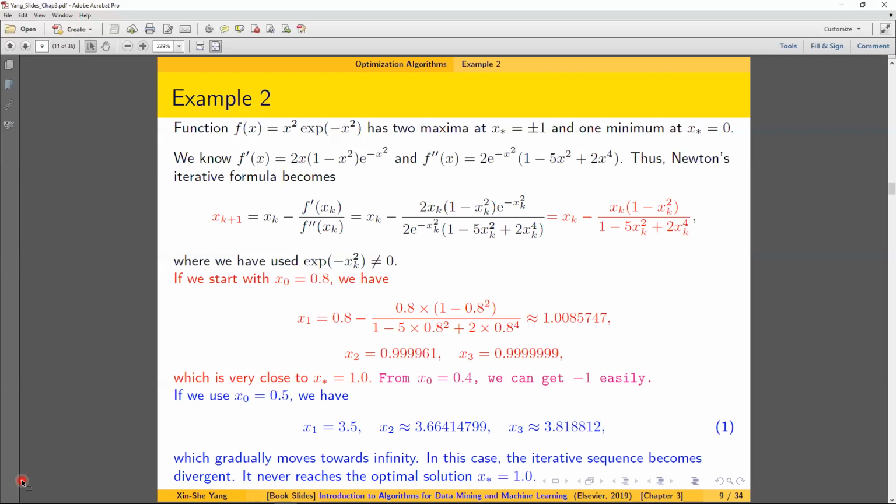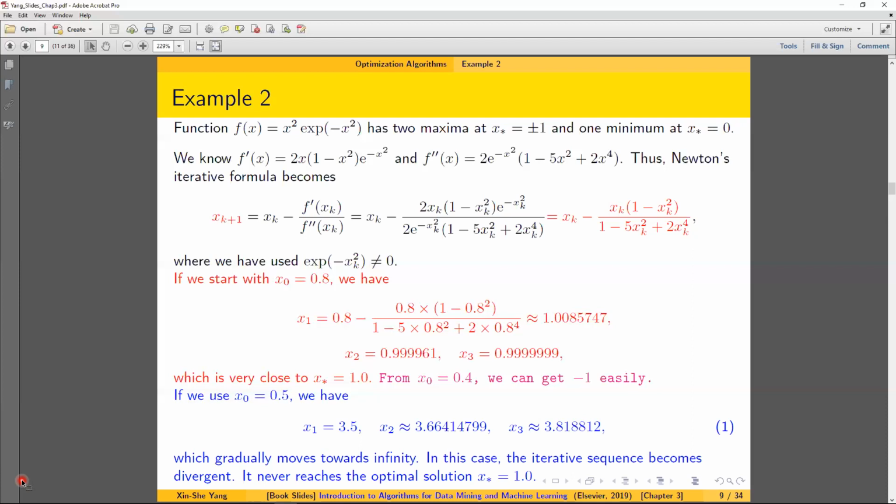But if we use x0 equal to 0.5, we have x1 3.5, x2 3.67, x3 3.82, which gradually moves towards infinity. In this case, the iterative sequence becomes divergent. It never reaches the optimal solution of 1.0.